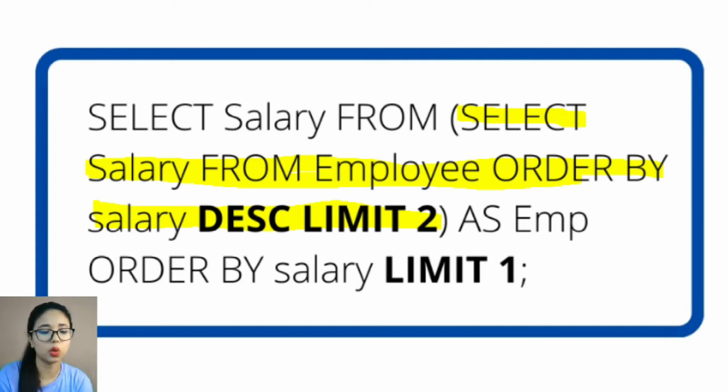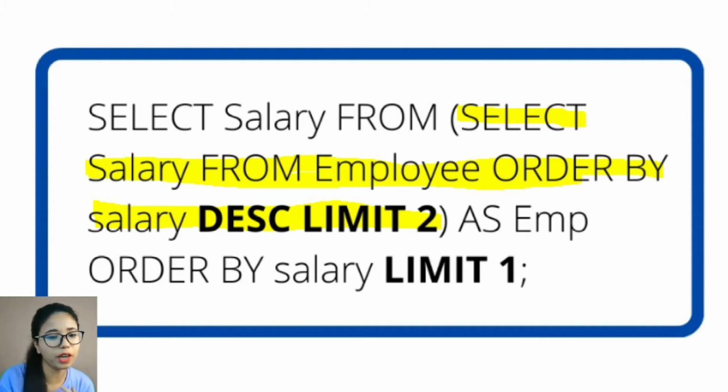Now in MySQL, let's see the first inner query. In the inner query, as you can see: select salary from employee order by salary descending. Order by is a clause. Order by is used for arranging records in either ascending or descending order. By default, it is in ascending order. So to make it descending, you need to give DESC after order by.